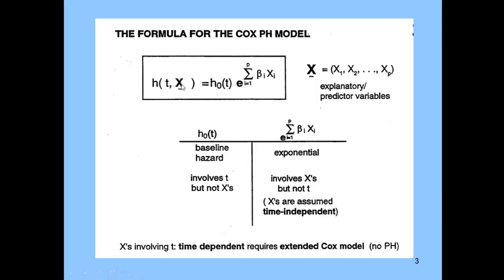Now this x, which is written in bold, represents the collection of predictors. We use the same notation when we're talking about the logistic regression model, except I called it P of x. Now I'm calling it h of t of x, and this bold x represents the collection of predictors that are going into the model, the variables that you want to use to predict the outcome, and the outcome is survival time.